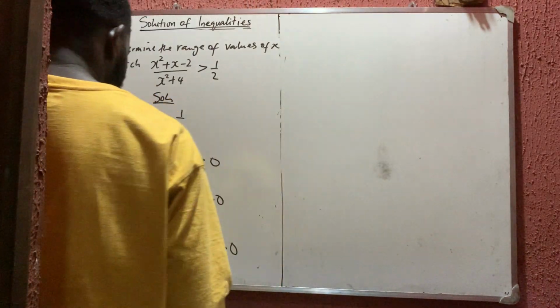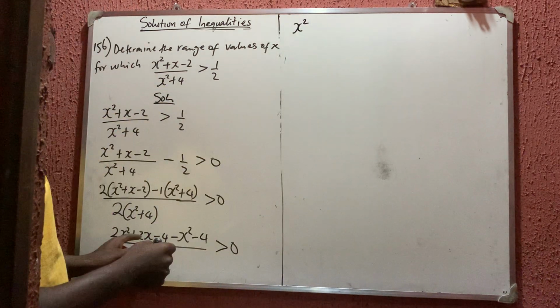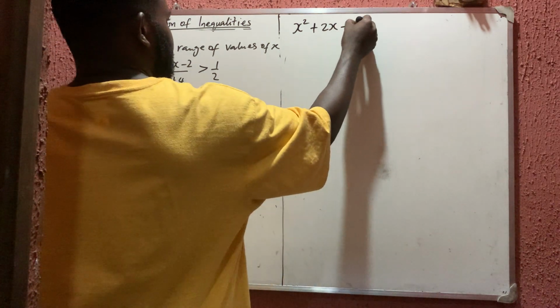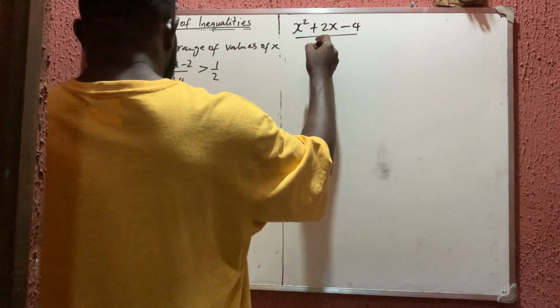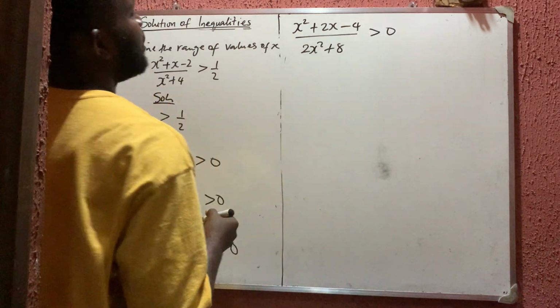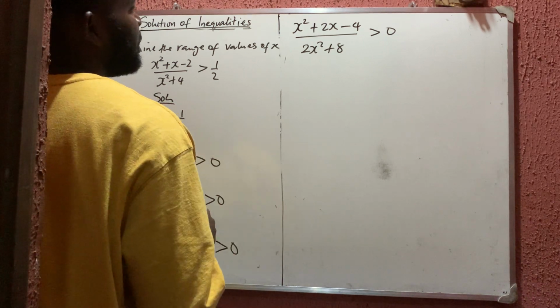So this and this are giving me x squared. So x squared + 2x - 4, okay, all over 2x squared + 8 is greater than 0. So at this point we need the critical points.